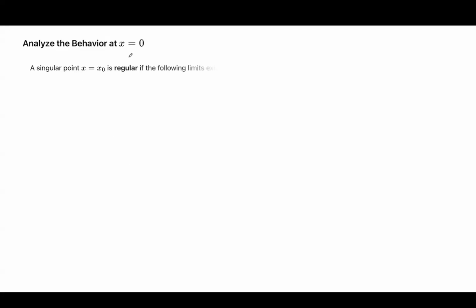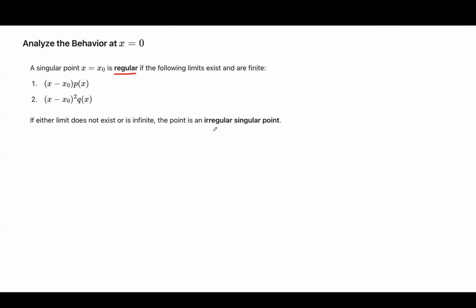So when x is equal to x sub 0, we call it a regular singular point if the following limits exist. First of all, if we multiply (x minus x sub 0) by p of x and (x minus x sub 0) to the power 2 by q of x, both limits exist. If one of them doesn't exist, then we have an irregular singular point.